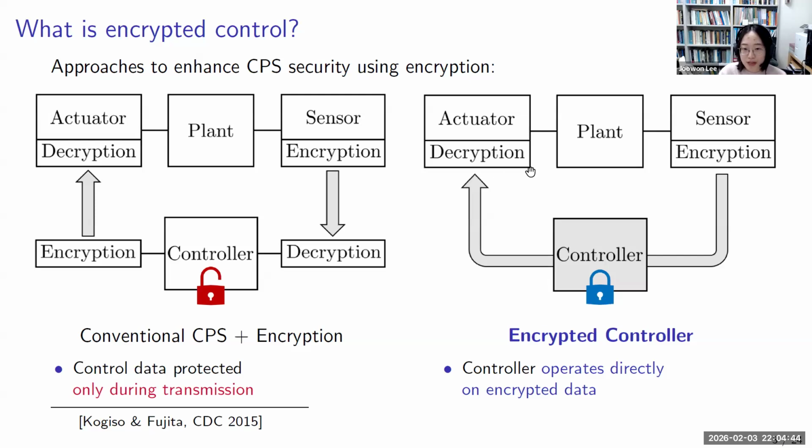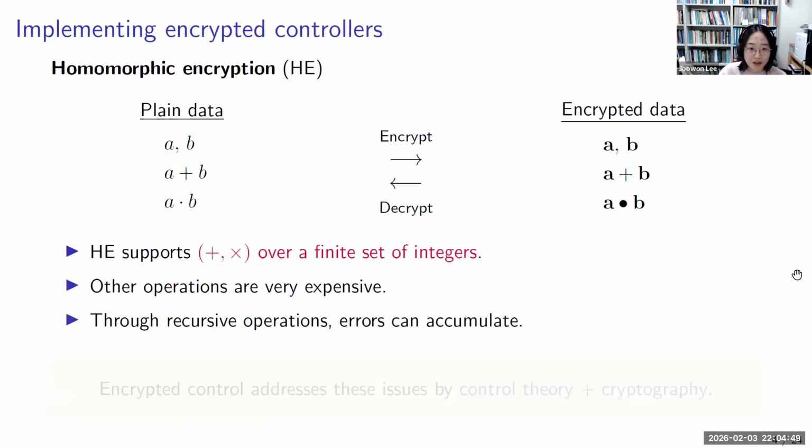And the decryption only happens at the actuator. So to implement an encrypted control system, we use a type of crypto system called homomorphic encryption. Homomorphic encryption enables direct operation over encrypted data.